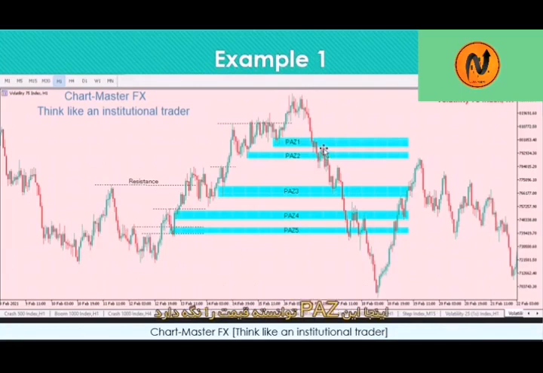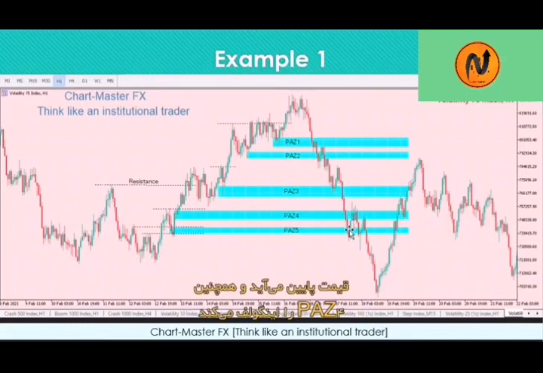Here, this price action zone was able to hold the price; it came down, failed to break this price action zone, came up, and this price action zone was able to hold it. It did not even reach here, and we see that price action zone was finally engulfed. Once you see an engulfment of price action zone 3, it means the price is more likely to go to price action zone 4.